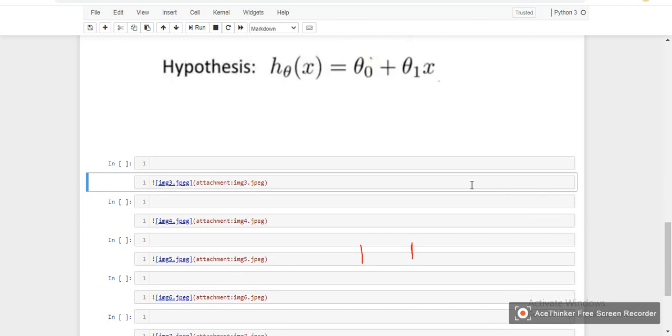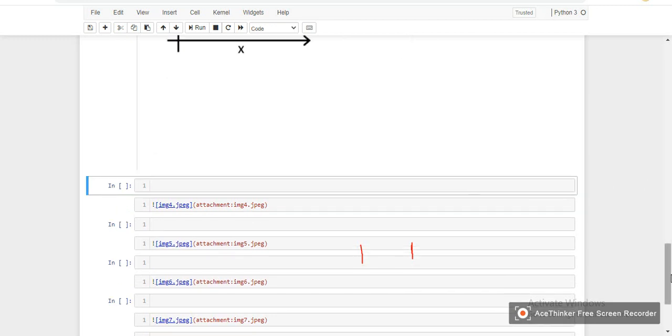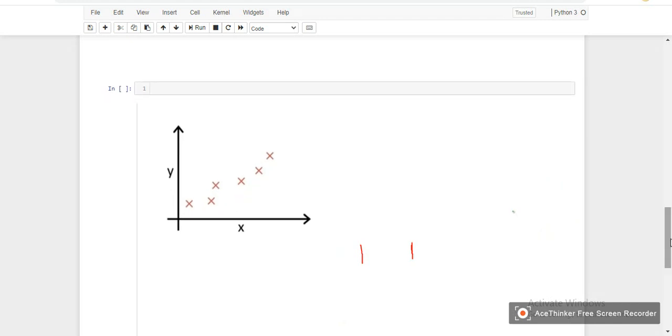So let us consider this plane with the data points. What we want to do is to come up with values for these parameters theta 0 and theta 1, so that the straight line we get out of this must fit this particular data. That straight line should represent the relationship between x and y.